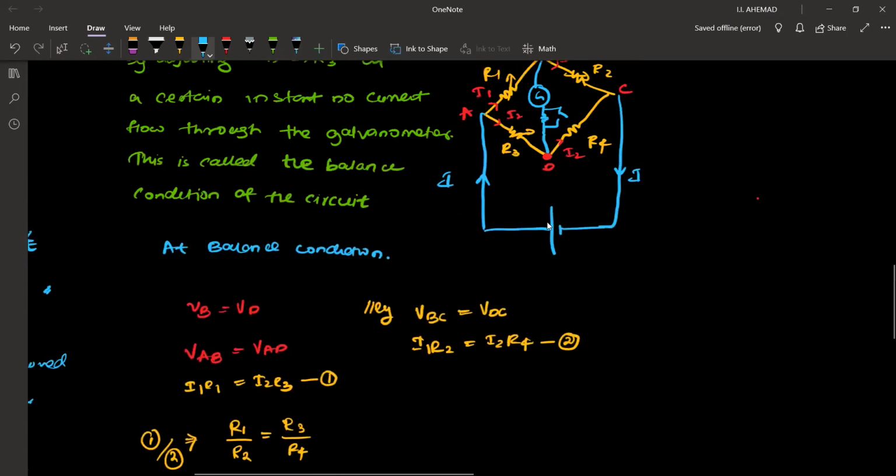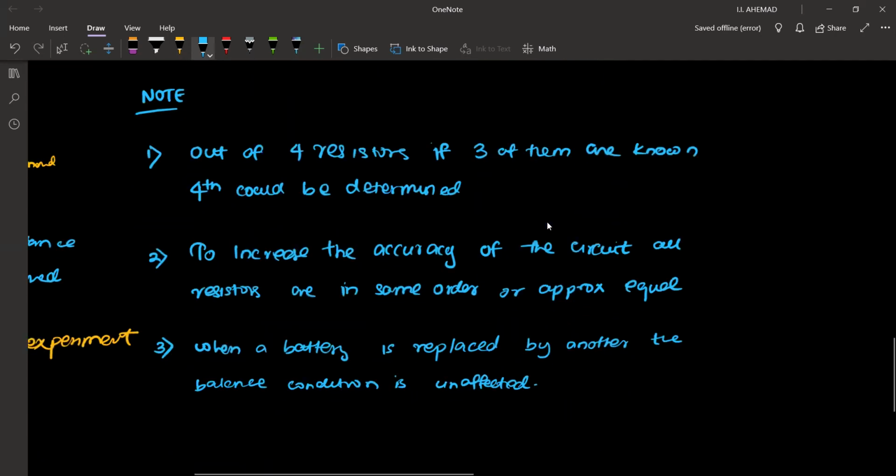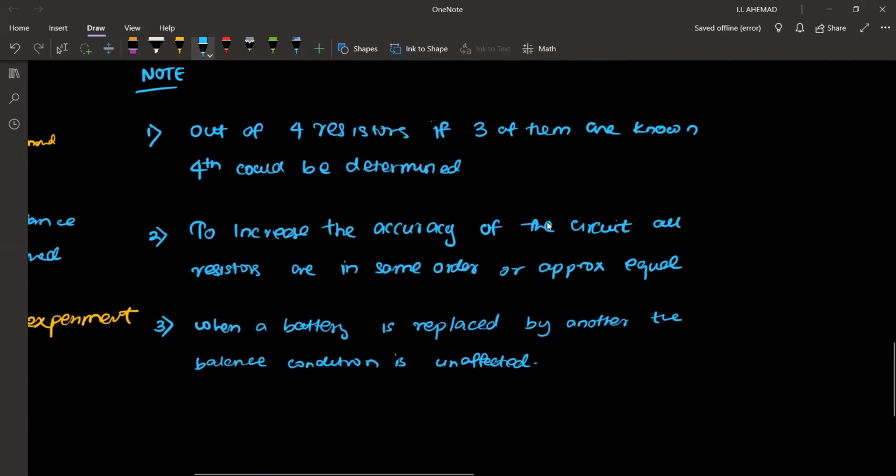So even if you replace this battery with another battery, when this is in balance condition, it will remain in balance condition. So you know the reason, right? When they are in ratio, this resistor won't work. So it is the same principle. Okay, completed the note.